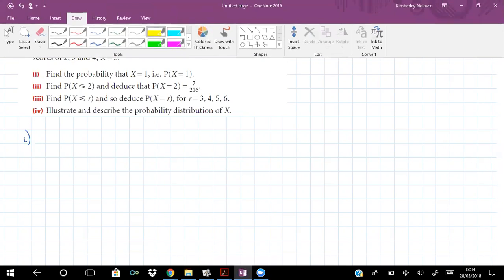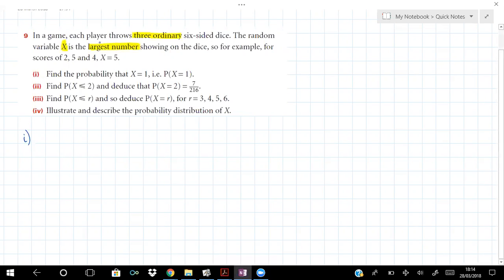The first question says, find the probability that x equals 1. So what is the probability that when we roll the dice, x will equal 1? In order for that to happen, the highest number that we roll has to be a 1 from all 3 dice.